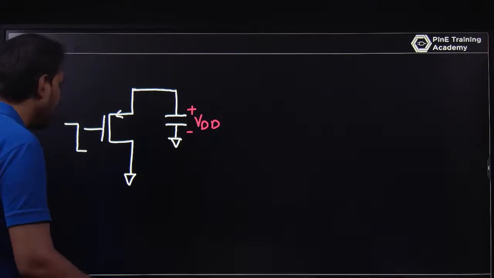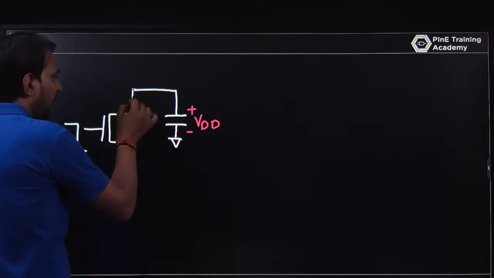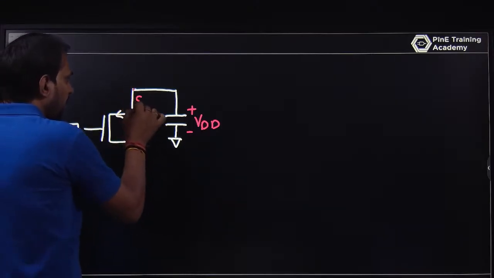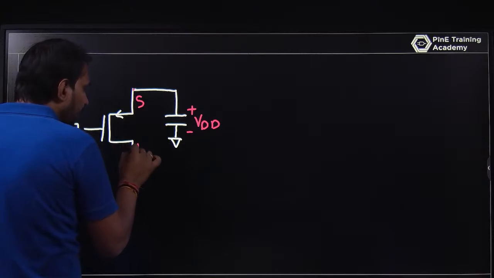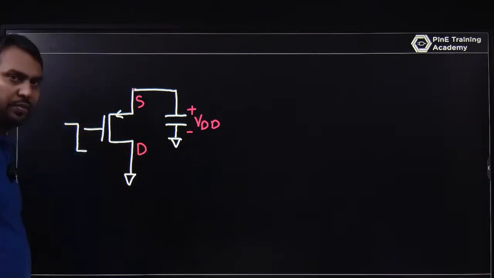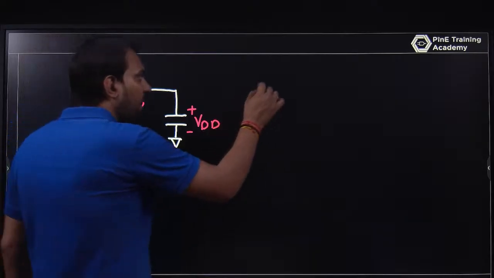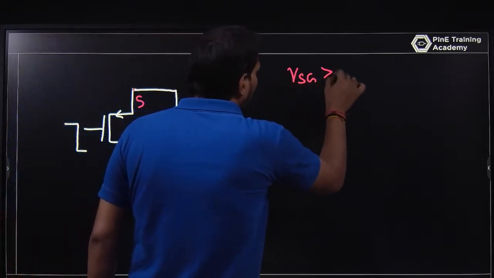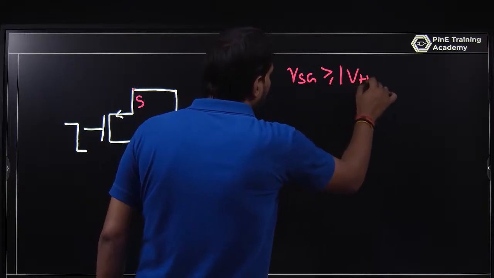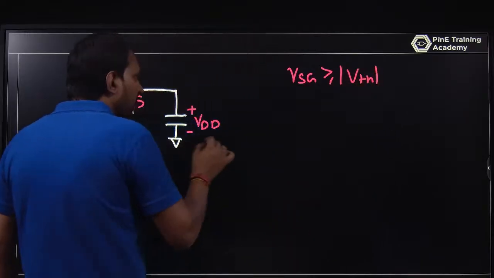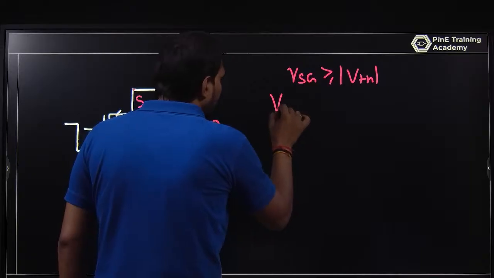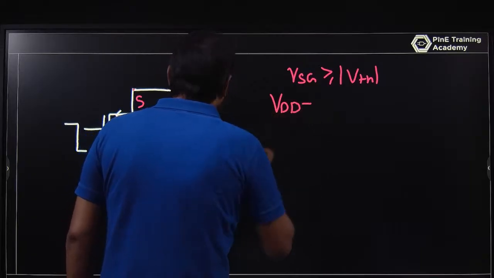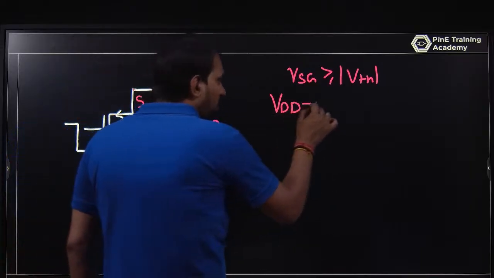So what is happening? This is the higher voltage, that is the source, this is the lower voltage, that is the drain, and this is the gate. Using the basic equation, VSG must be greater than or equal to mod VTH. The source voltage is VDD and the gate voltage is 0.